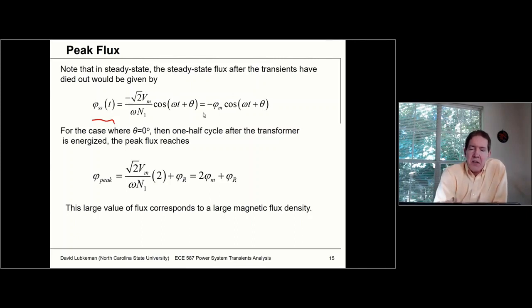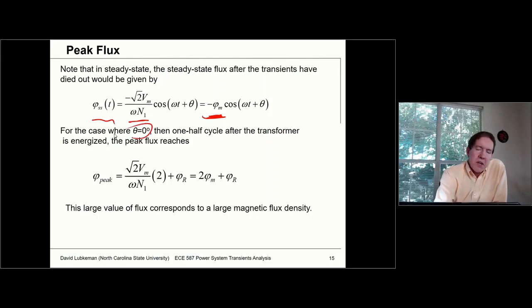Basically, we're going to have a steady state flux with a magnitude given by square root of 2 times Vm over omega times N1. Now if I want to figure out the peak value I can have, I can make use of this relationship for the maximum flux and substitute that into the equation on the previous slide.